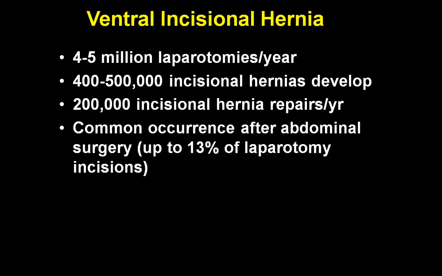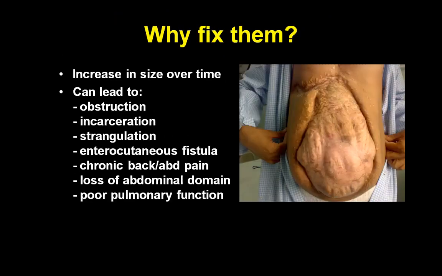It's usually common after abdominal surgery, and the percentage-wise distribution is 13% of laparotomy incisions. So you do a lot of laparotomies, high incidence of ventral hernias, and a high incidence of repair.